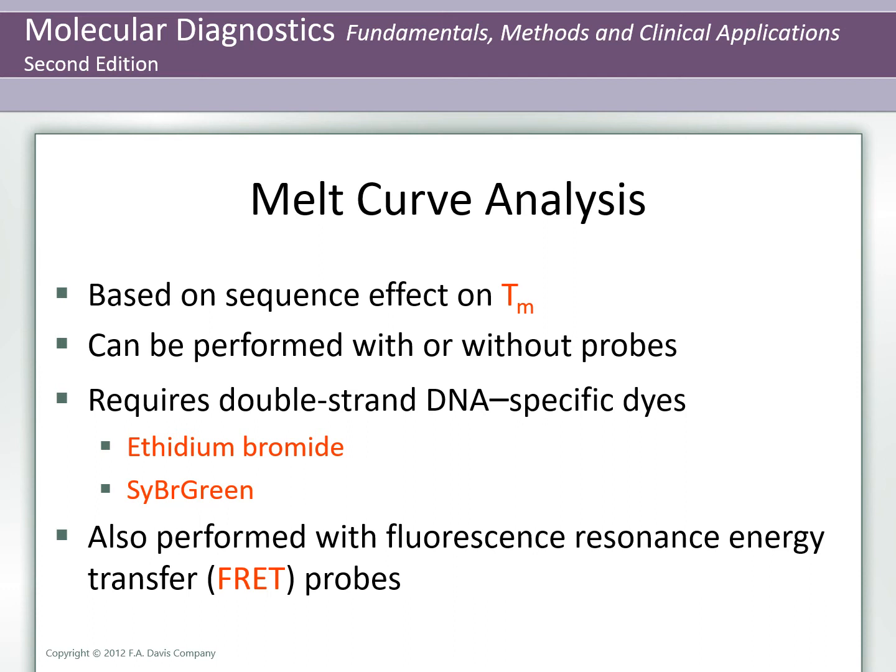Of the DNA-specific dyes that can be used, ethidium bromide, SYBR Green, or LC Green can be used and are heated at a rate of about 0.3 degrees Celsius per second.